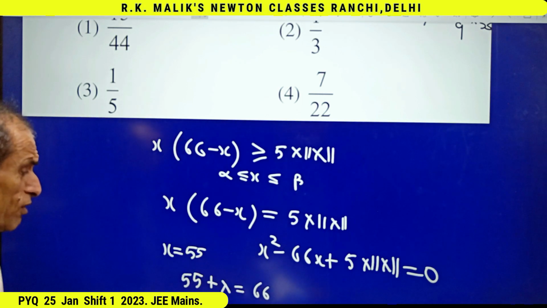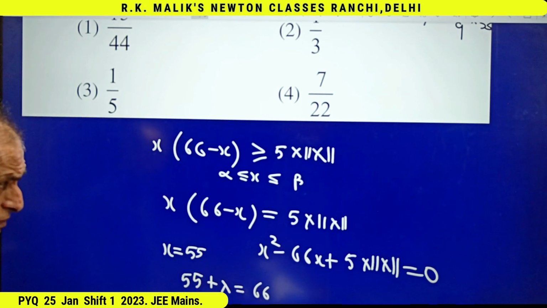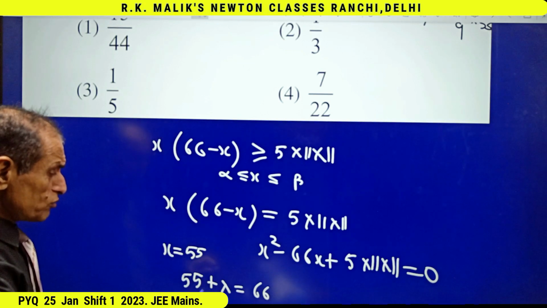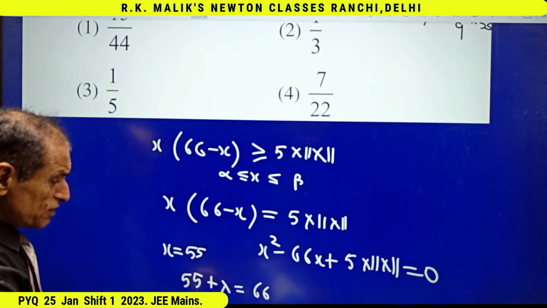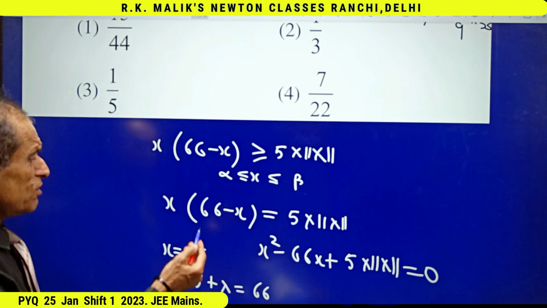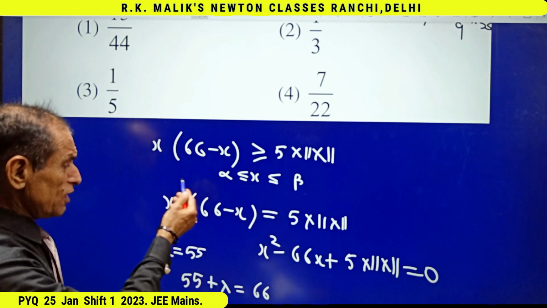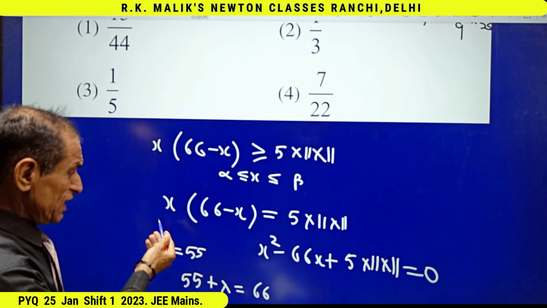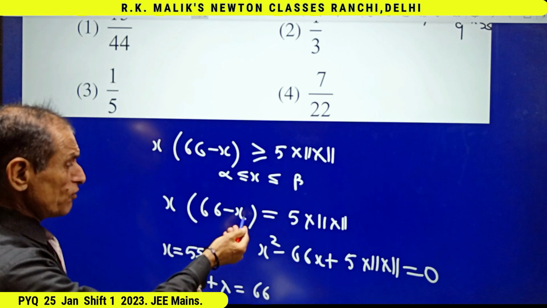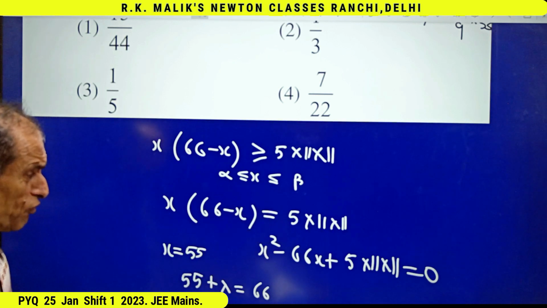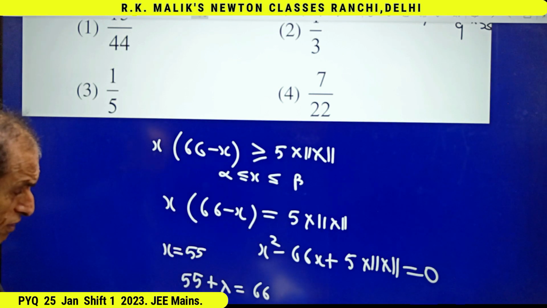Hence, the value of lambda will become 11. Otherwise, by common sense also, it was clear that if I take the value of x as 11, this will become 55, hence the product will be equal to this. Therefore, the other root will become 11.